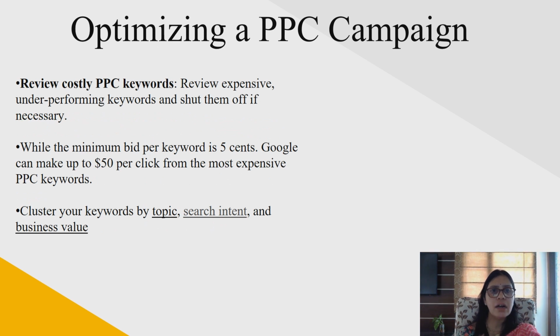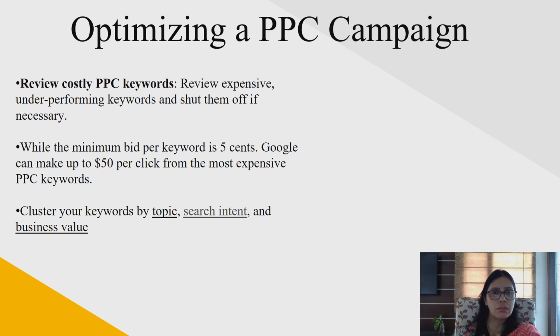Then apart from that, you need to review the costly PPC. It's not that all the words cost the same. There are certain keywords which are very highly rated, where they are very costly.